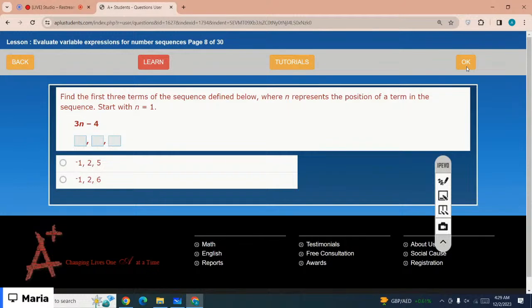Option number 1 is the correct option. Yes, very good. The correct option is option number 1, that is negative 1, 2, and 5, right?